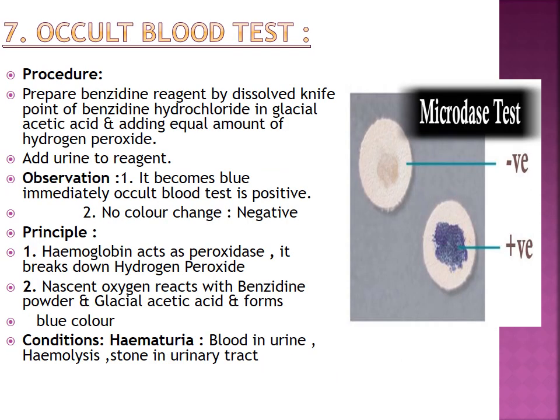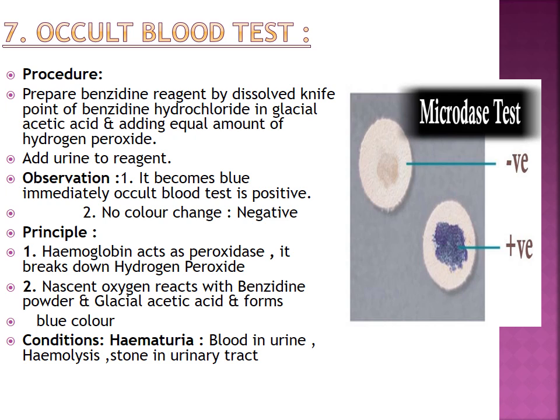Occult blood test. Occult means hidden, so blood which is not seen by the eyes is called occult blood. It is mainly done by taking benzidine reagent in equal quantity with glacial acetic acid and hydrogen peroxide, and then adding this to the urine on a filter paper and looking for the color change. If it becomes blue within a few seconds, the occult blood test is positive, and with no color change, it is negative.